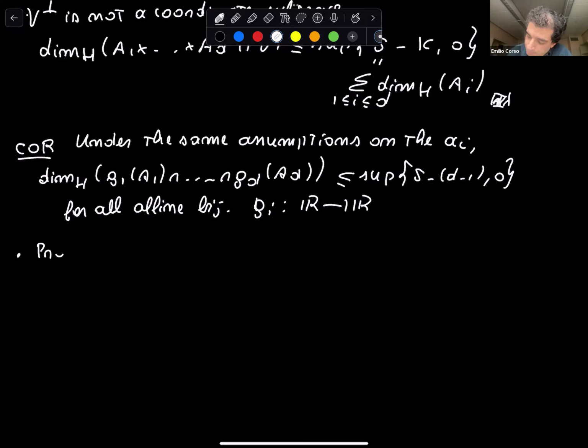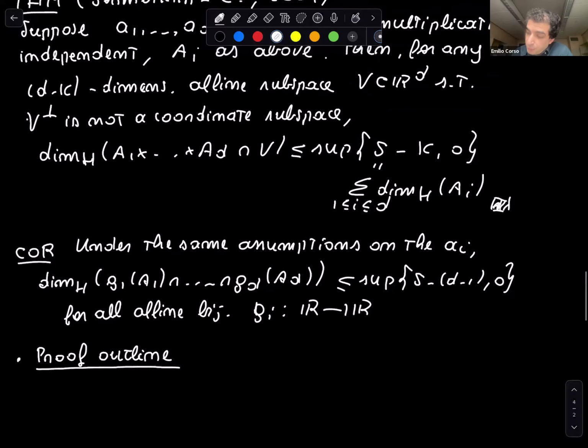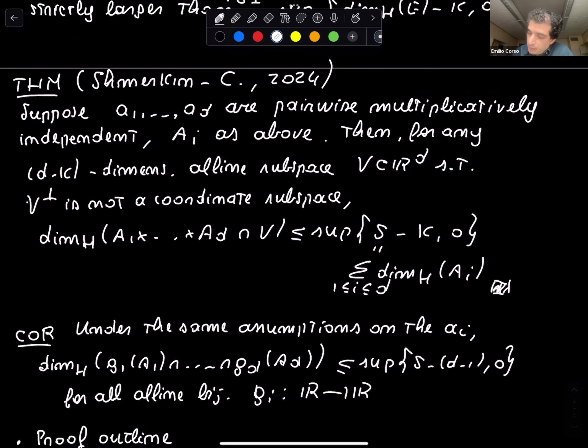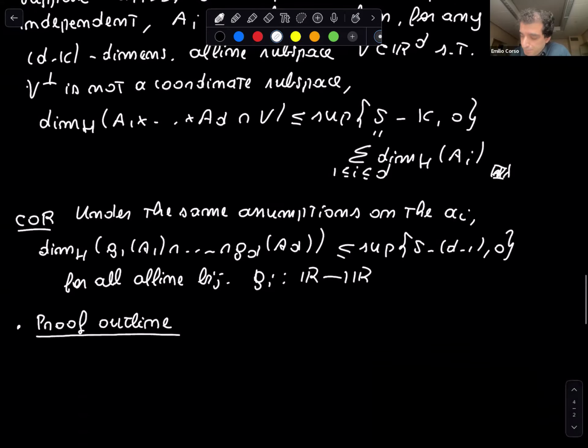So a proof outline. Well, we start with the first reduction, proof outline for the theorem. So we take intersection with arbitrary subspaces. There is a first reduction, which consists in the claim that it suffices to prove the inequality when the capital AI, the sets, are not really any closed invariant sets, but are actually missing digit sets in base little a_i.